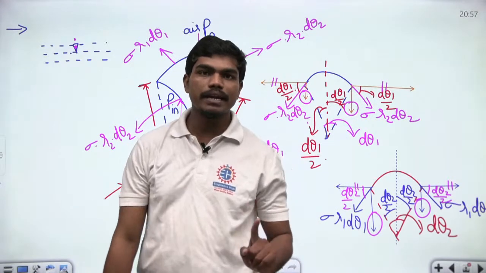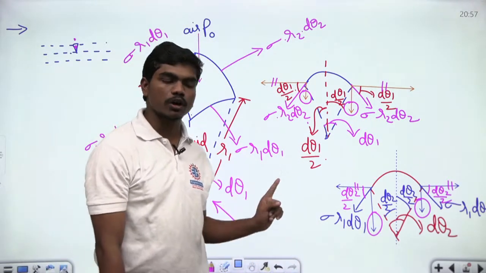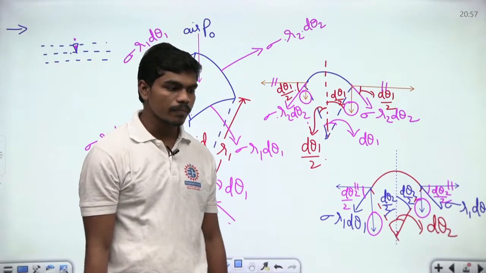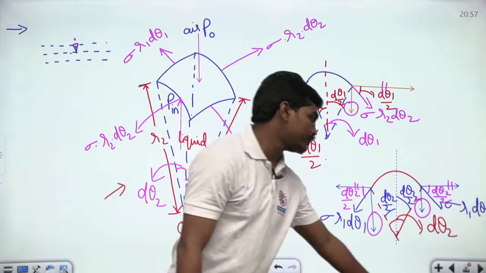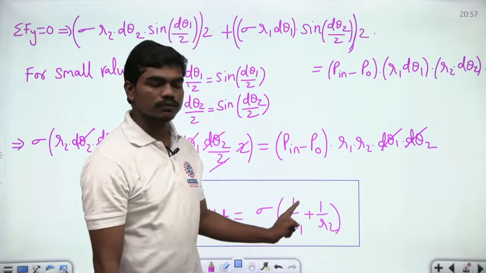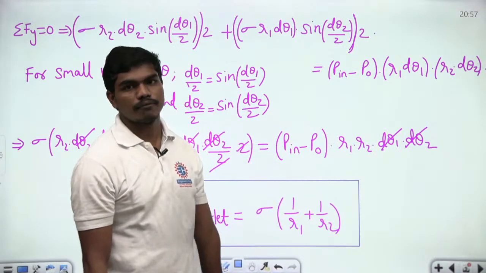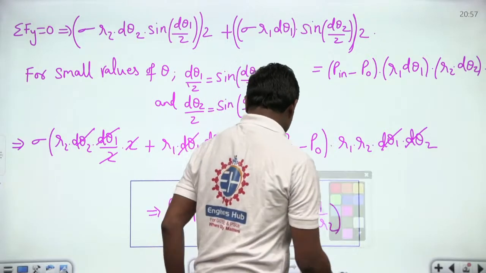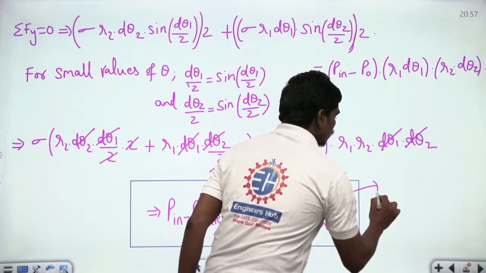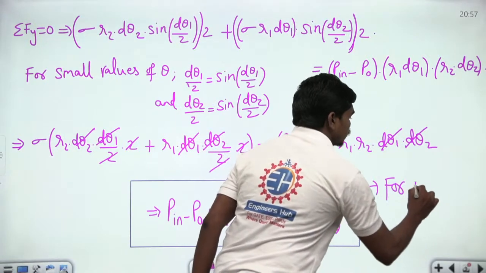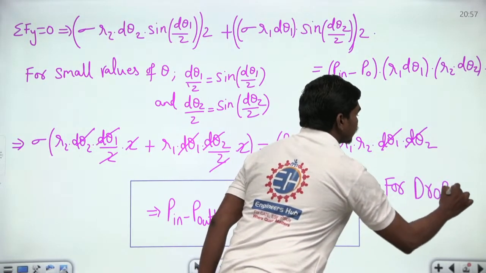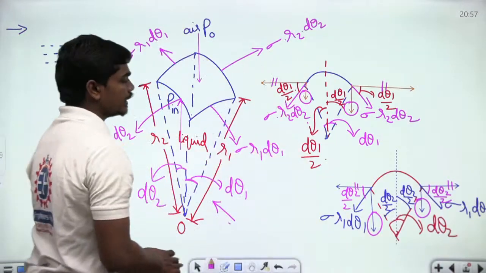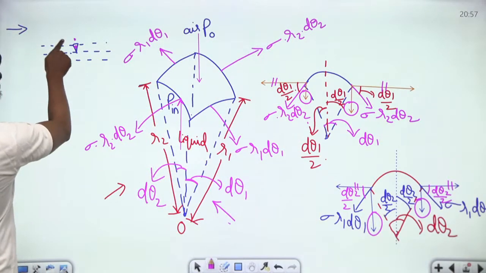Did you all identify that P inlet minus P outlet is sigma times 1 by R1 plus 1 by R2 in this case? If you remember this formula, sigma into 1 by R1 plus 1 by R2, it is very helpful for you. And this is of course for the case of a droplet, because in case of a droplet there is only one phase surface.